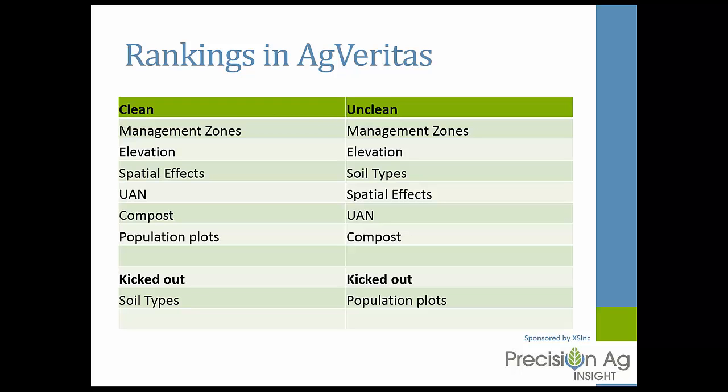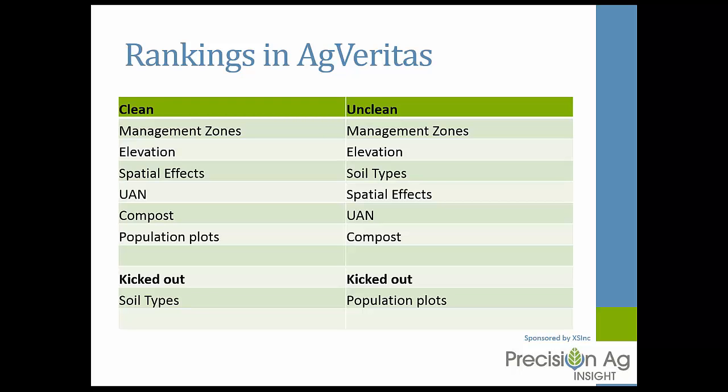So, Chad, do you want to walk us through what you're seeing here or what takeaways you have from this? Okay. As far as the top factors that were included in the model, management zones and elevation stayed relatively consistent between the clean and unclean data.